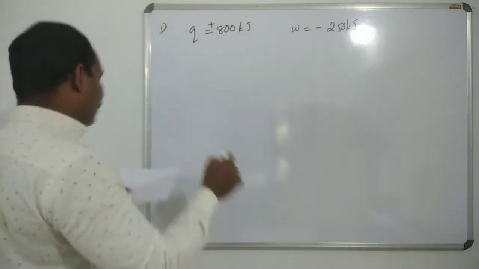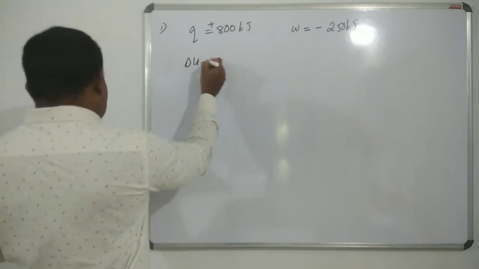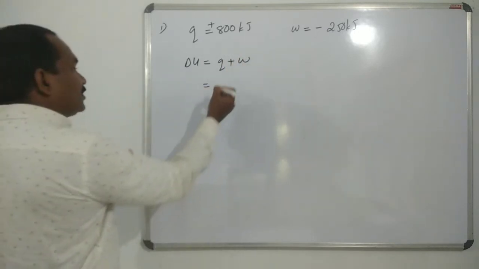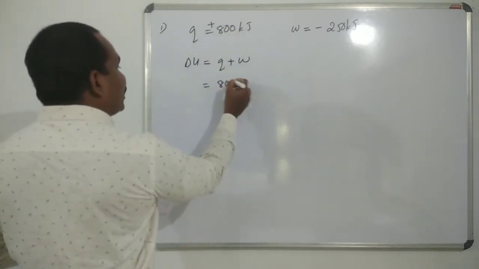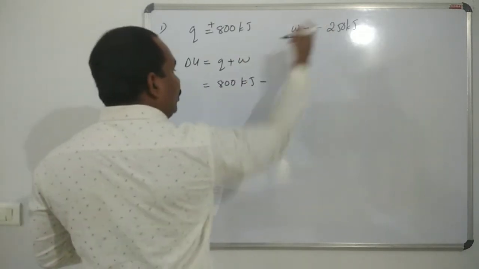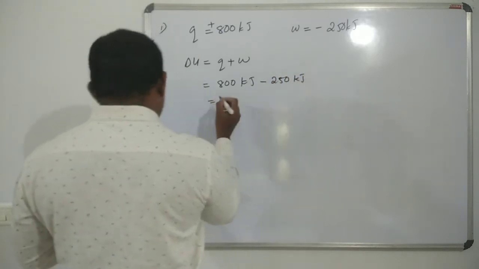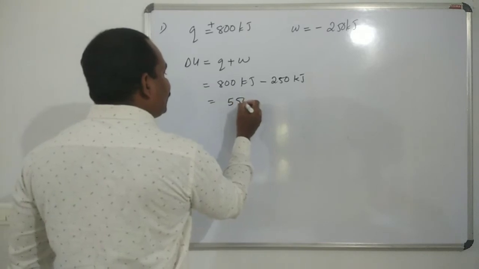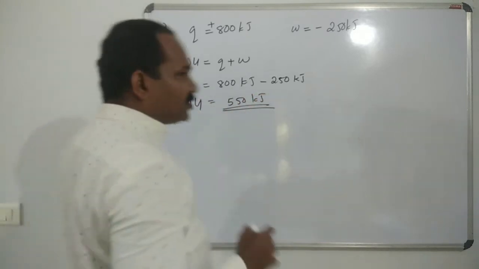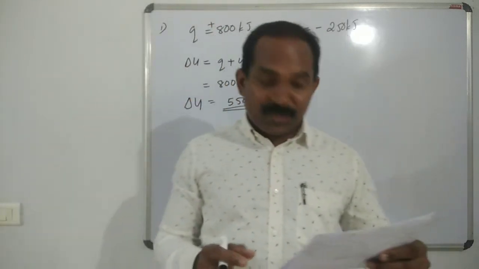According to the first law, delta U is equal to Q plus W. A very simple problem. Q is 800 kilojoule and W is minus 250 kilojoule. The difference is 550 kilojoule. So the internal energy change in that process is 550 kilojoule.